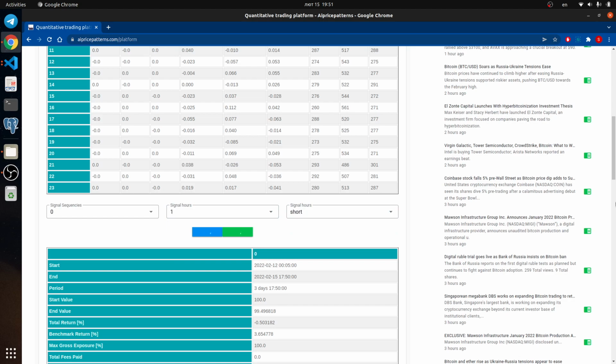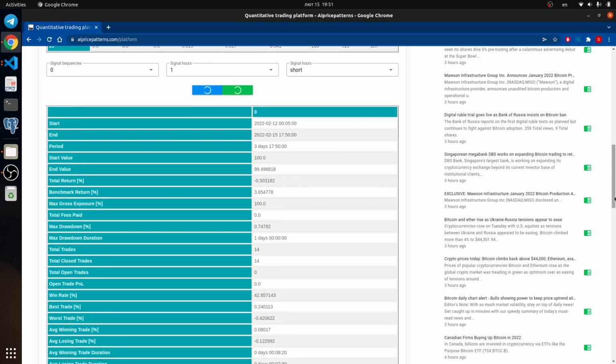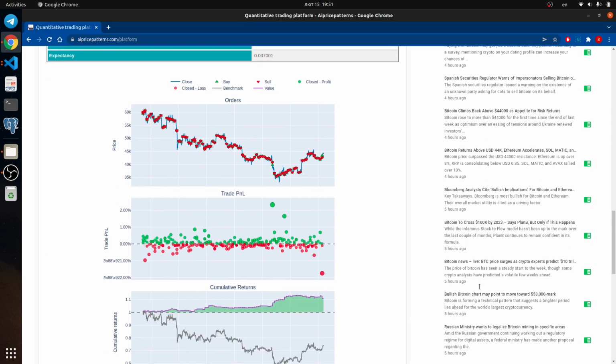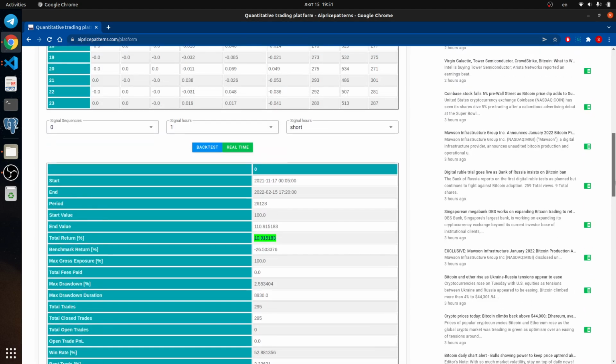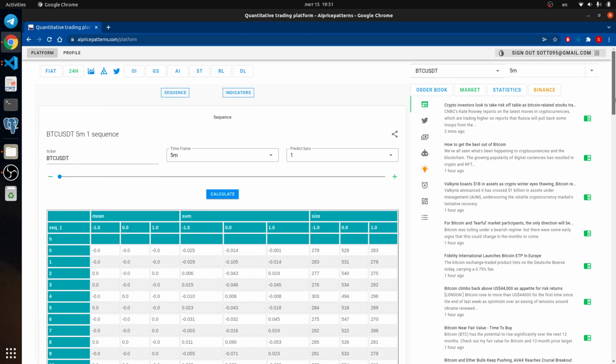Let's backtest. This means we use a low-coding approach, and you see we have a big total return and we have some positive results. So I'm going to improve this web interface for you to give you some new ideas for trading.